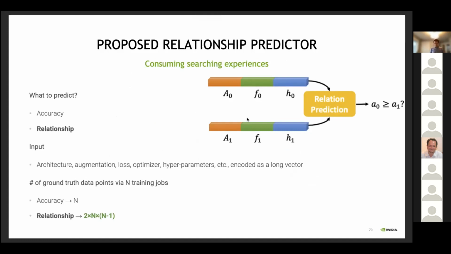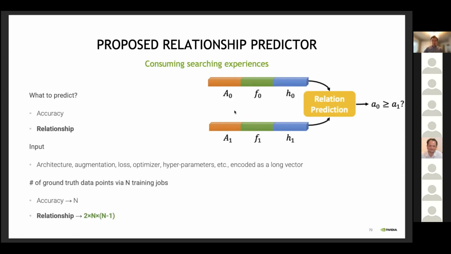And what to predict? There are two things we can predict. First is accuracy, and the second is the relationship. As I said, relationship is just to compare which configuration is better, which one is greater, which is less. So the input, augmentation, loss function, optimizer, and hyperparameters are all encoded as a very long vector.